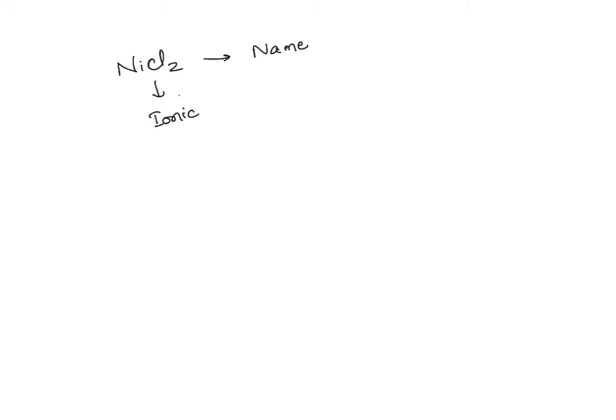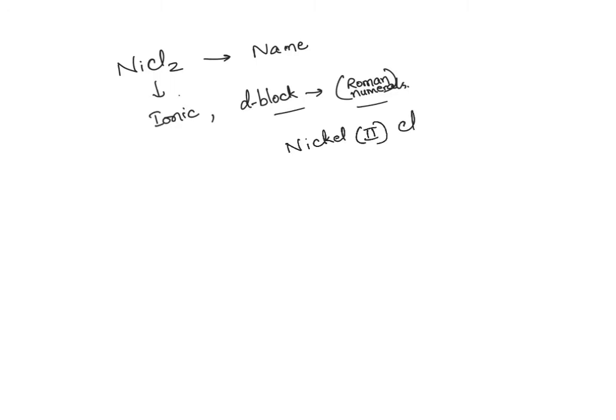So ionic, this has a d-block element or a transition element, so you should see parentheses and Roman numerals. Right? So keep all this in mind, and the name of the compound will be nickel(II) chloride.